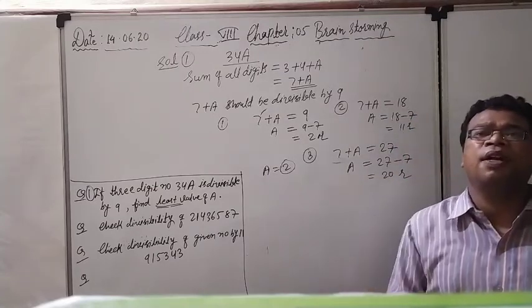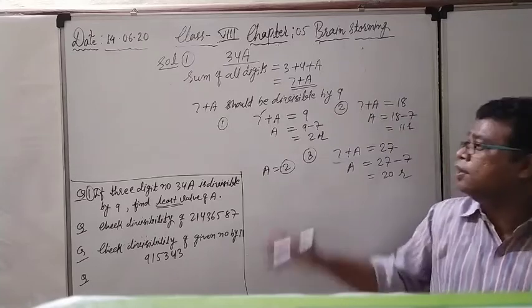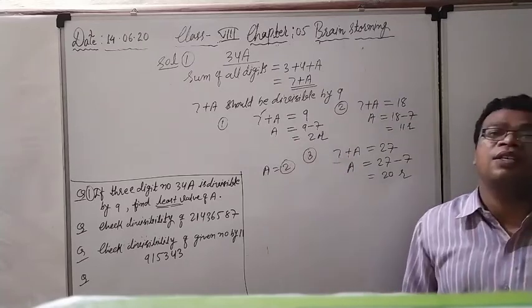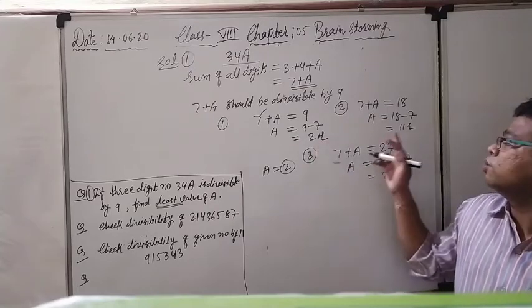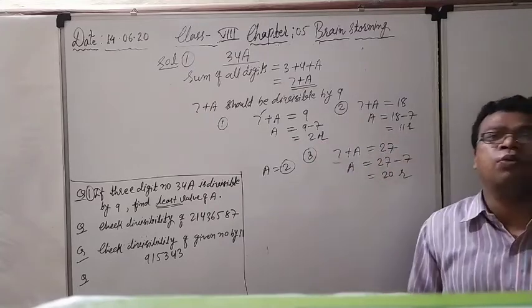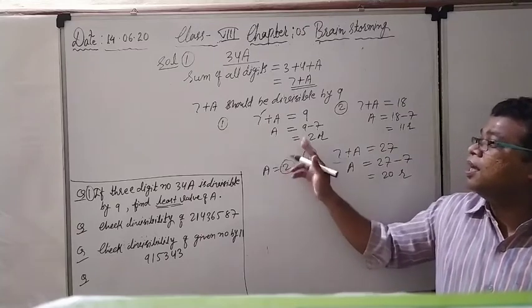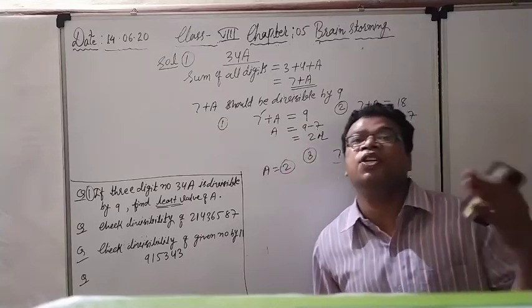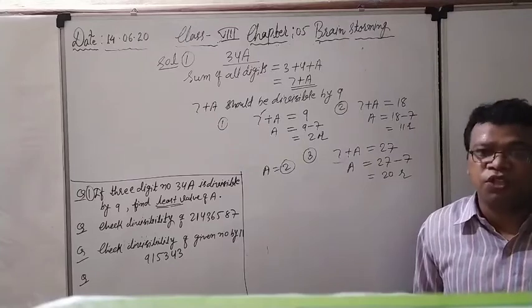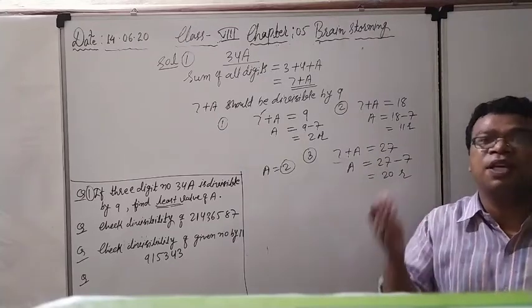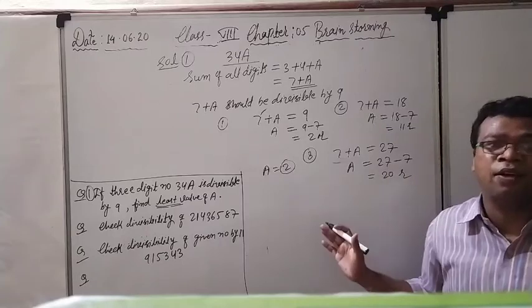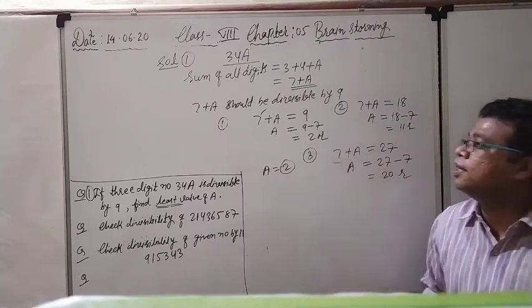If the question is demanding to find some of the values of a, then first, second, third, all the different answers you can get. a is equal to 2 is also an answer, a is equal to 11 also, a is equal to 20 also. But if it is asking the biggest value, there is no biggest value because we cannot find out the biggest table of 9. So the least value 2 is the answer.